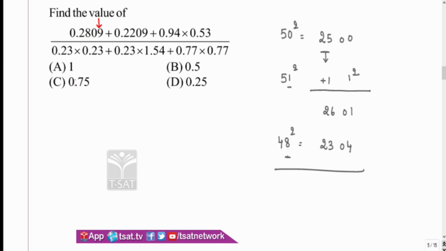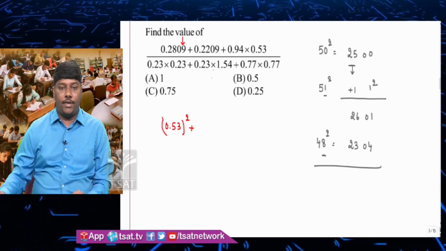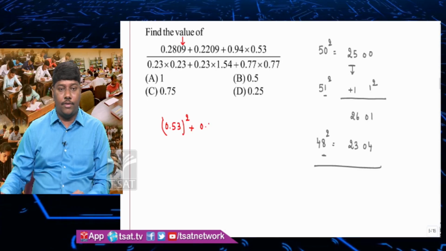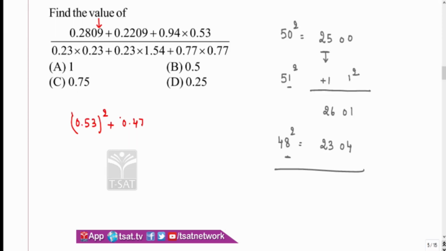So, point is there, therefore, I can write it as 0.53 whole square plus this is 3 less and 3 square, therefore, 0.47 whole square plus 0.94, you can write 2 into 0.47 into 0.53.